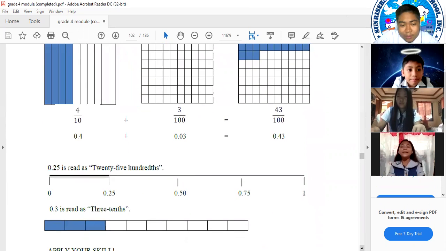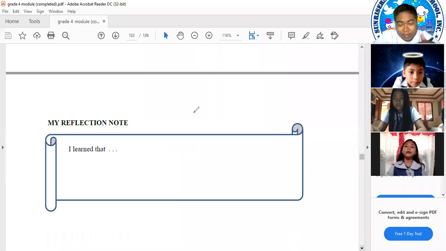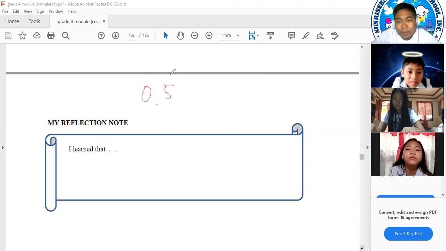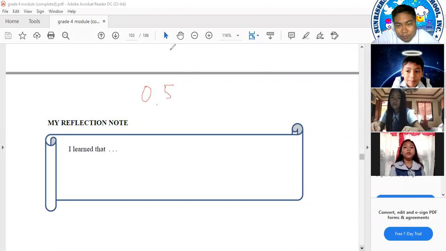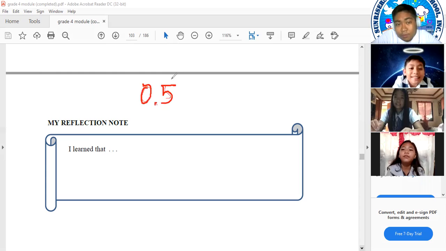So how are you going to read this decimal? For example, we have 0.5. How are you going to read this one? 0 and 5 tenths.